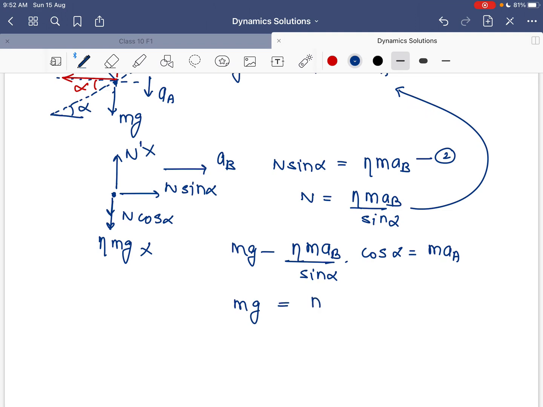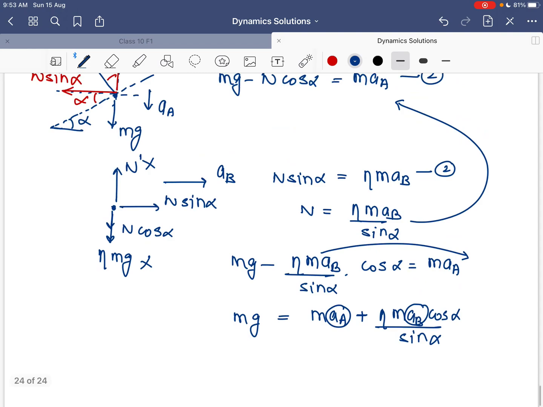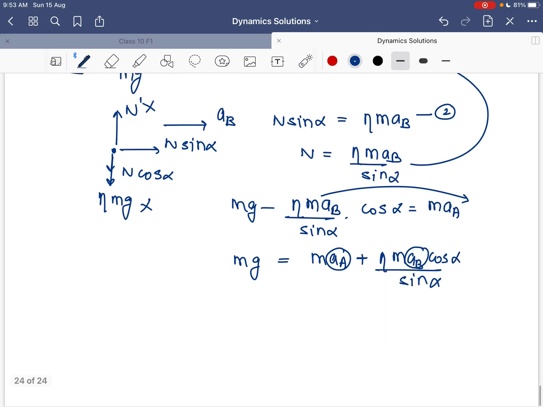Now in order to find AB, I will send here m into AA minus eta m AB cos alpha upon sine alpha. As this term will go here, it becomes plus. Already we know the constraint relationship between AA and AB, so we'll write this all in one term. I'll write AA as AB tan alpha. So mg is equal to m into AB tan alpha plus eta m AB cos alpha upon sine alpha, which is cot alpha.